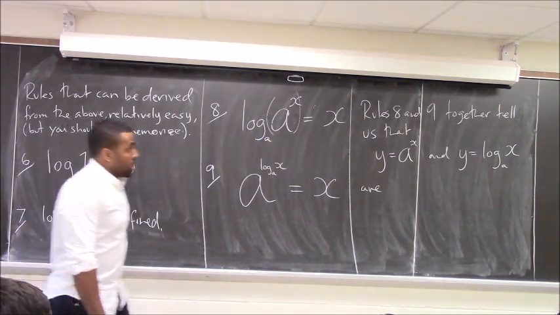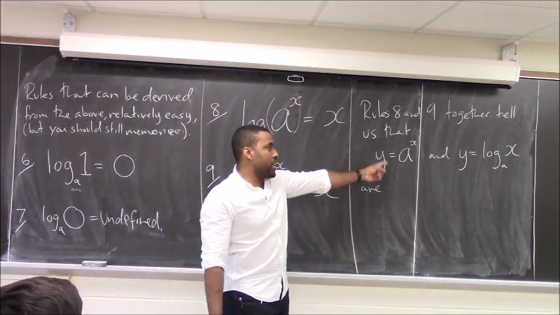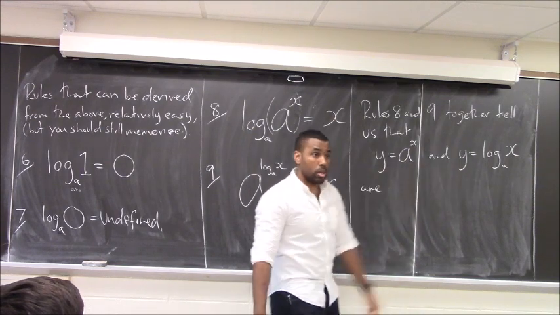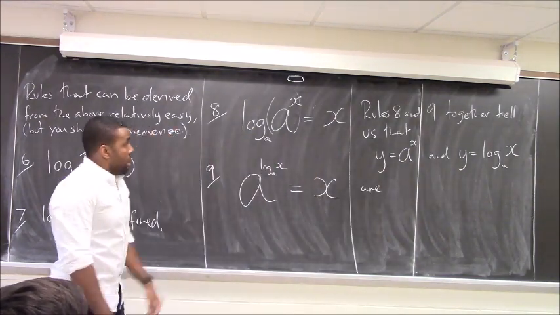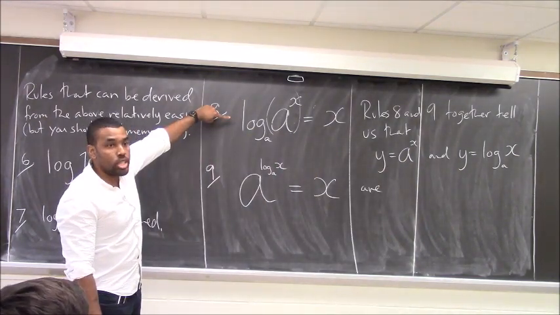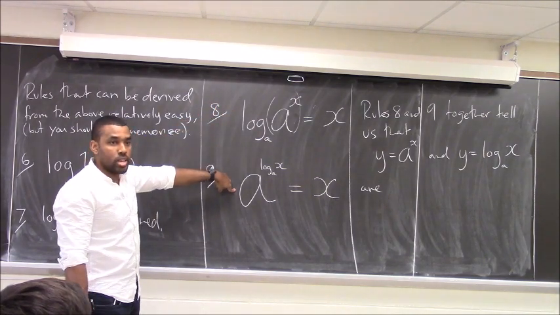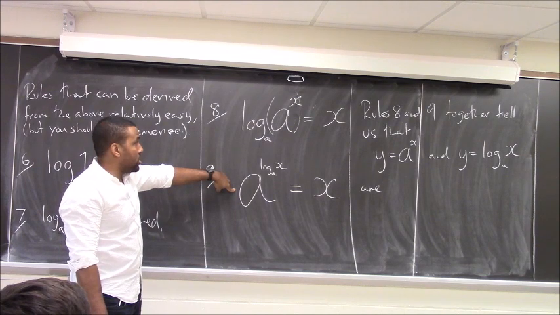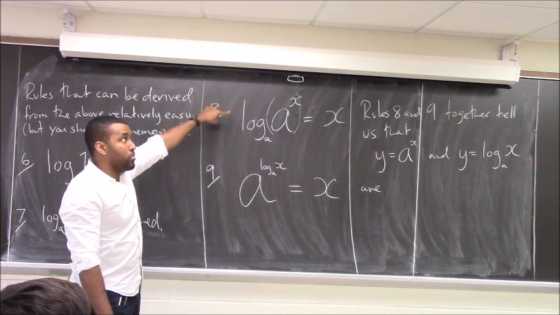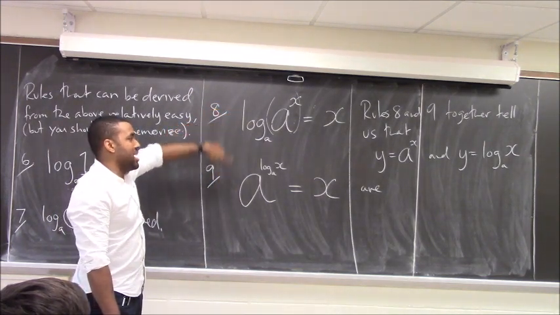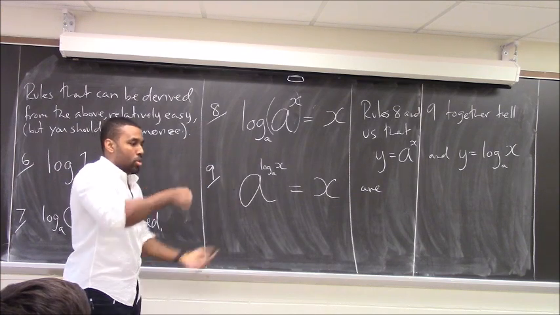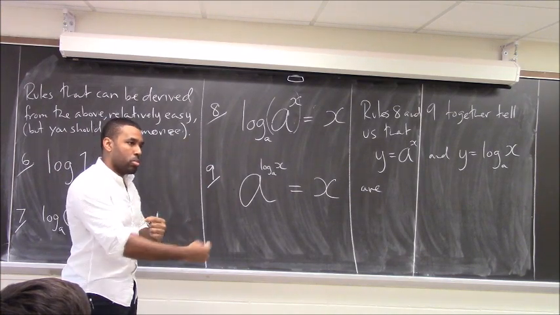Let's phrase it another way. Suppose I call this function f of x and that function g of x. So this expression would be g of f of x, right? This expression would be f of g of x. So I have two functions such that g of f of x equals x and f of g of x equals x. So if I plug one into the other, I just get the original input back.